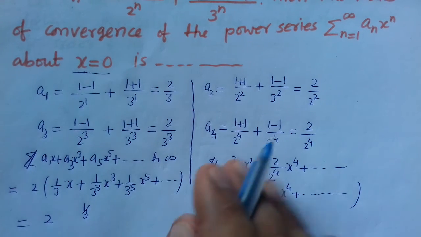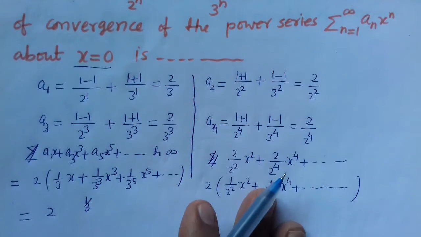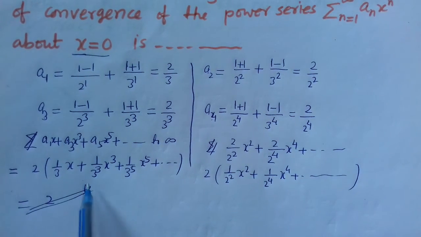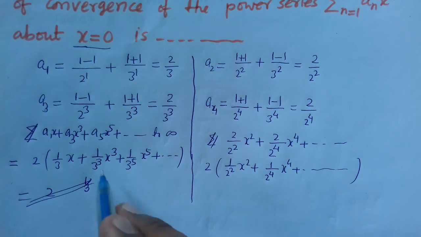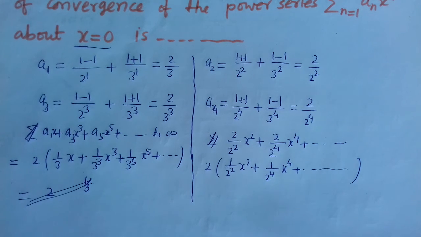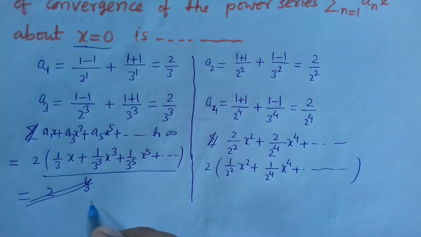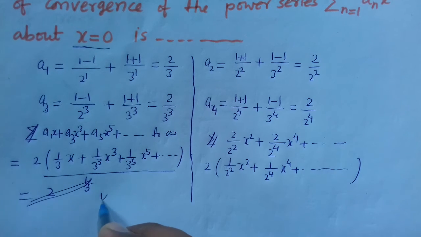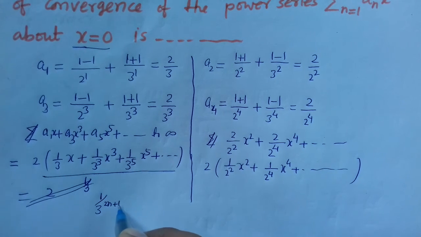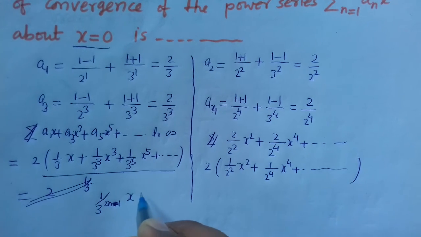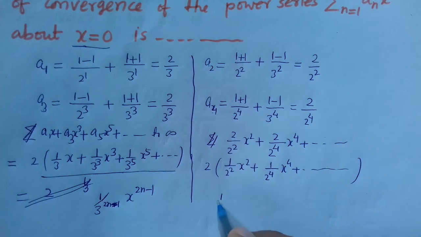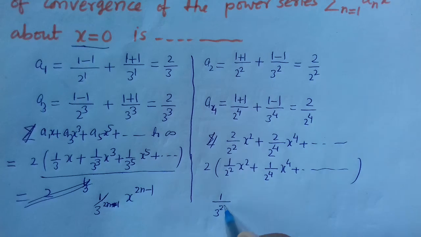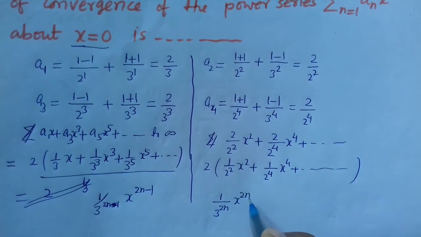or we have to find here the radius of convergence. So let us take the general term. The general term here will be 1 by 3 to the power 2n minus 1 into x to the power 2n minus 1, and here the general term will be 1 by 2 to the power 2n x to the power 2n.